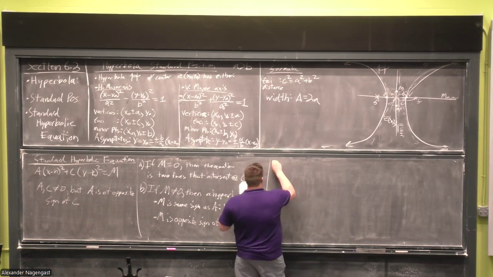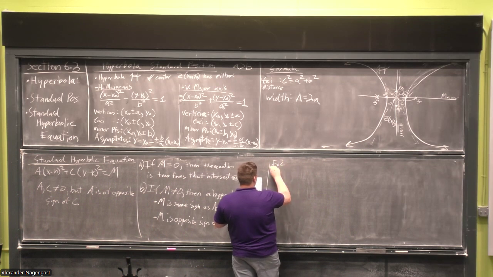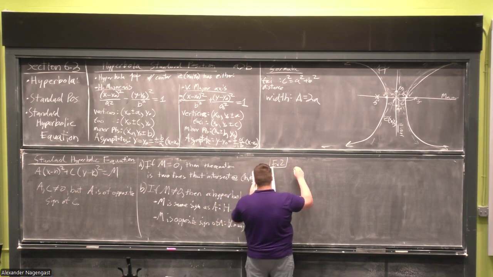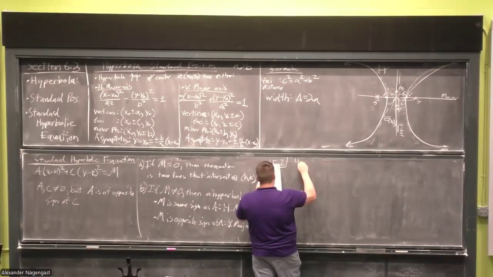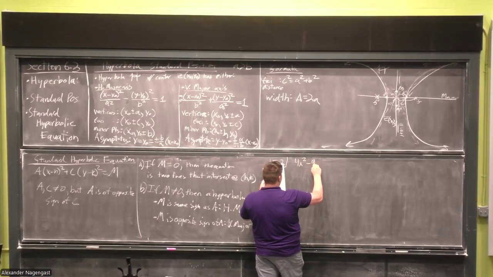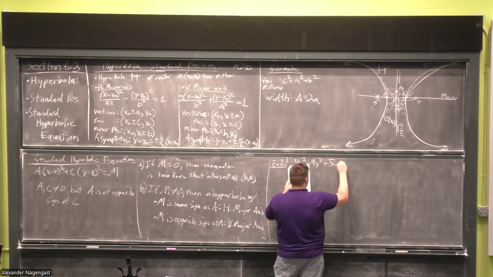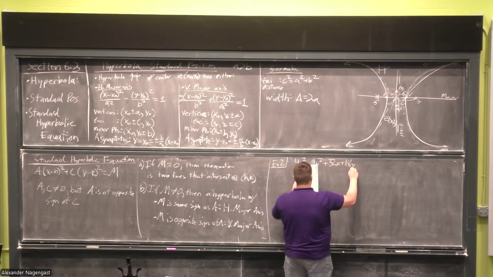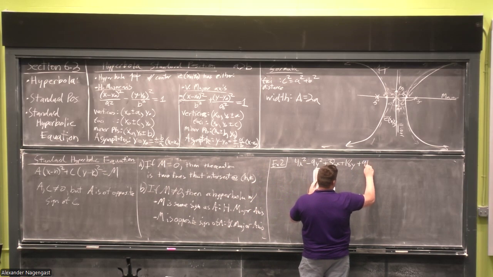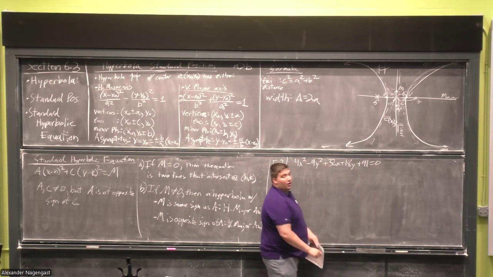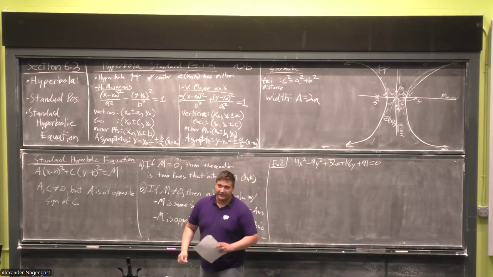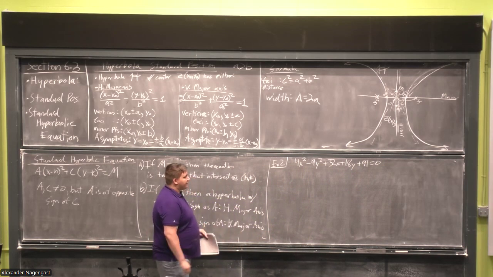But for now, let's do an example. We're going to start off with the equation x squared minus 9y squared plus 32x plus 18y plus 91 equals 0. We're going to follow the same exact steps as we did in the previous video.